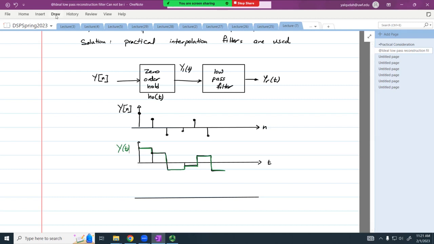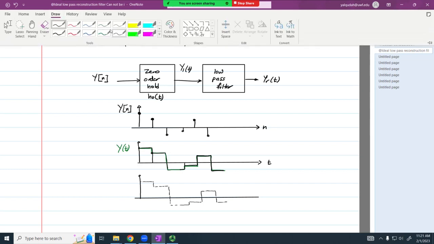And then we can smooth it. We can take this signal that we have here, and if you pass it through a low pass filter, what is that going to do? It's going to remove these sharp edges.